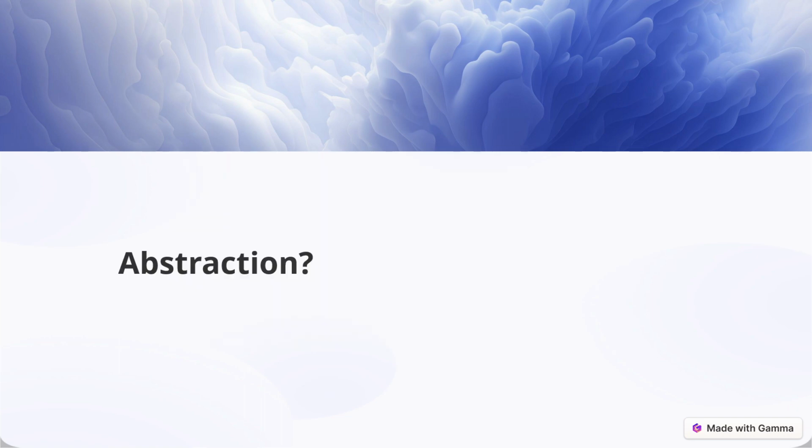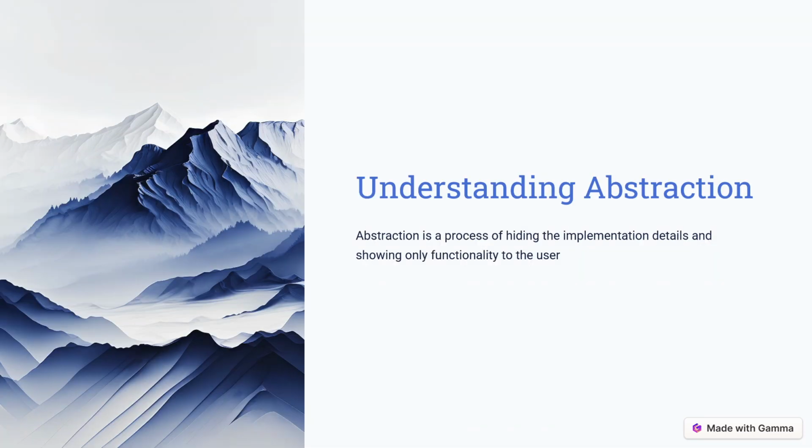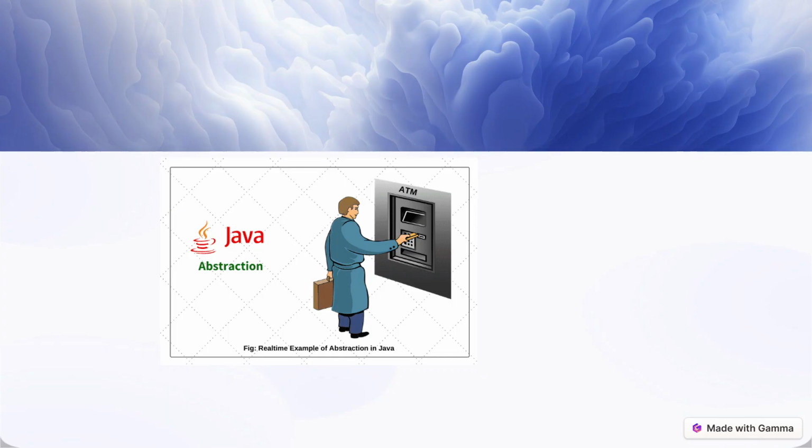Now let's understand another concept, abstraction. What is abstraction? Data abstraction means we are hiding here also, we are not showing everything. Suppose you are going to an ATM to withdraw an amount. What will you do? You will insert your debit card, your ATM card, into the ATM machine.